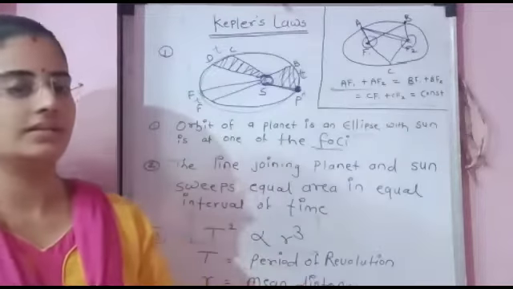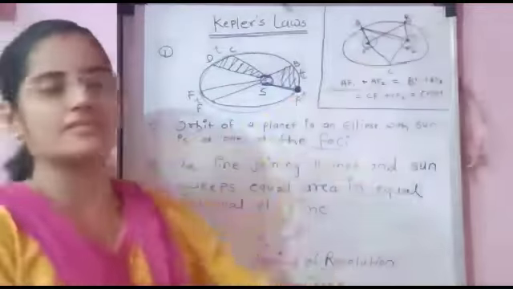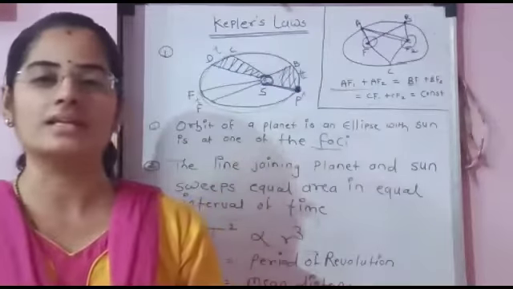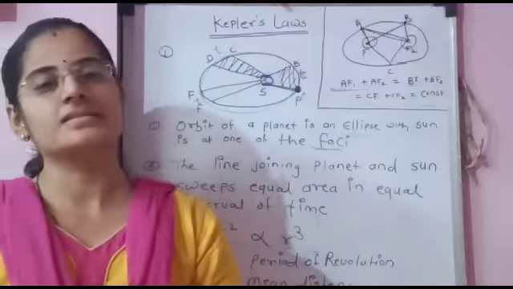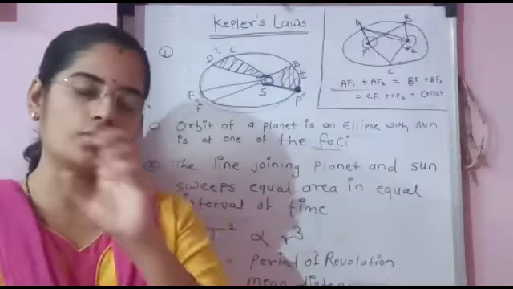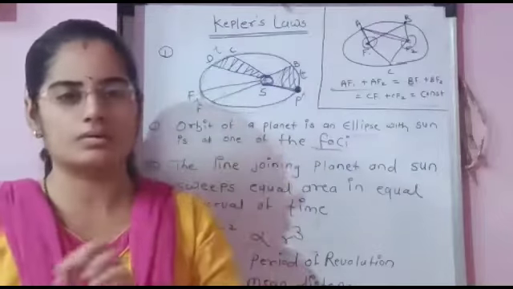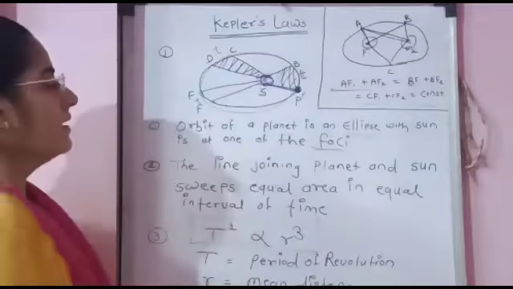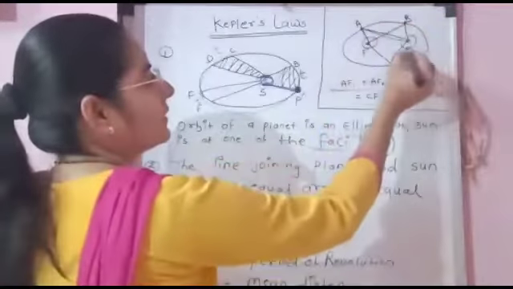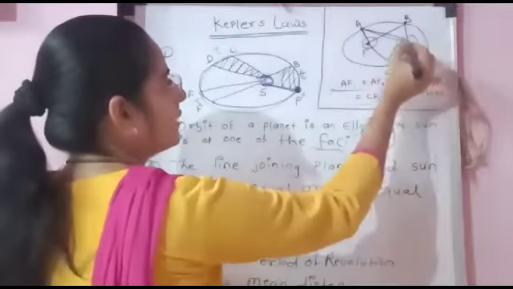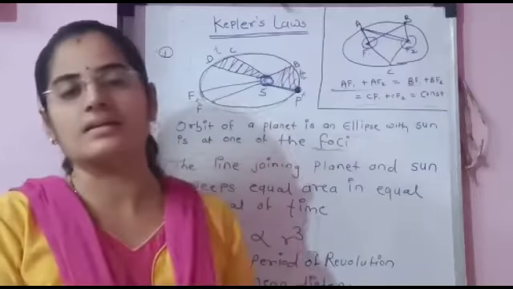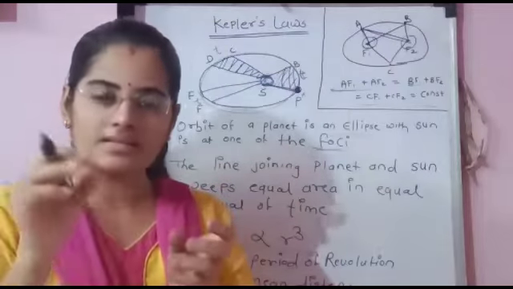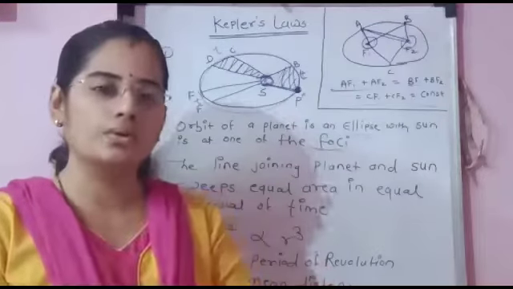Before that, one diagram is given here, and such a diagram is called an ellipse. You know that in a circle the radius is constant everywhere, at every point on the circle. Here, such a diagram is called an ellipse. In an ellipse there are two focus points. Similarly, in a circle there is one center, and the radius from that center is constant everywhere.